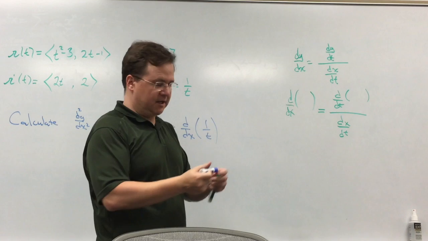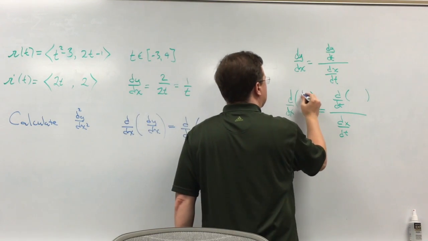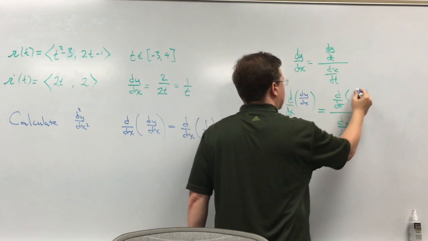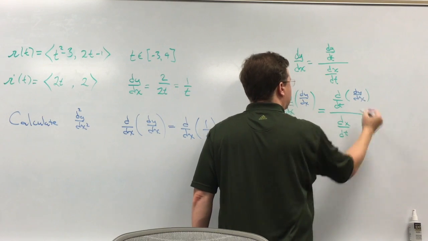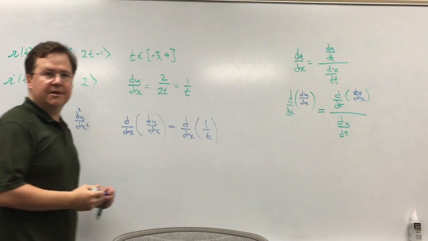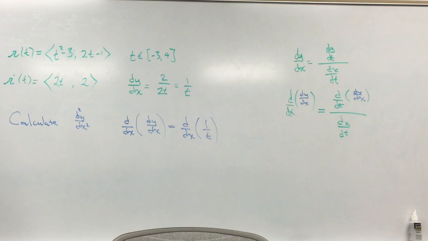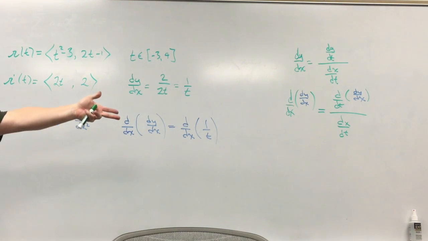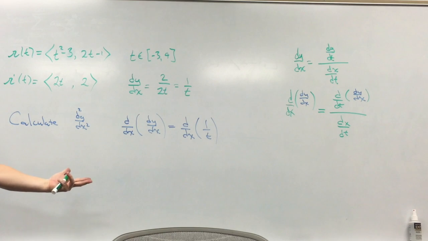So instead of using a y, I'm using dy/dx. See that? That's the chain rule. In this form, it looks more complicated, but it actually makes things easier.